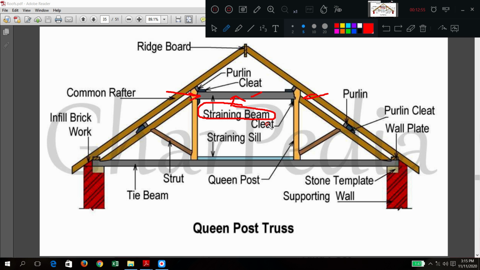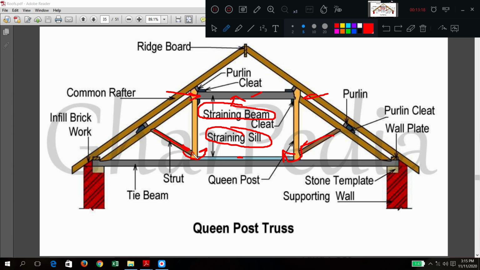That is the first additional point. Here straining sill is there. If this straining sill is not there, what would have happened? There is a strut, no? It will push like this and this will push like this and it will move this queen post away from that location.